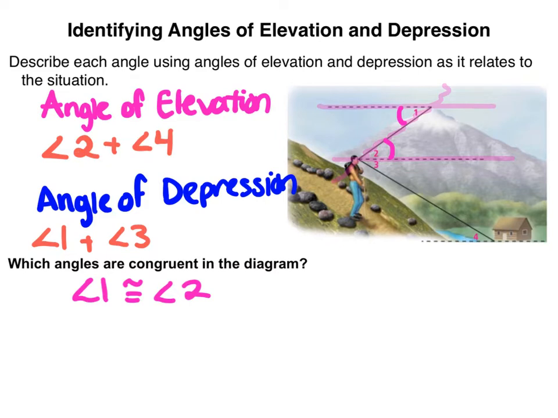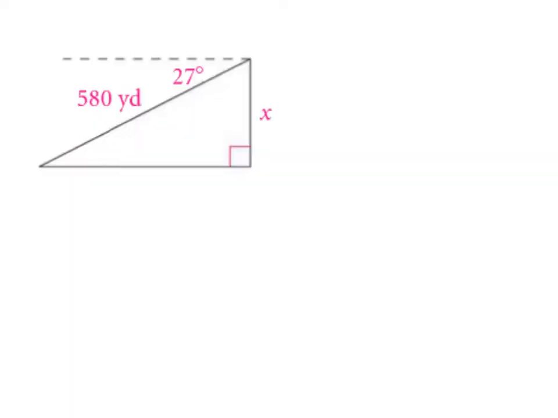Now for the bottom half of the diagram, I have my parallel horizontal lines and the line of sight transversal, which using our alternate interior angles makes angle 3 and angle 4 congruent to each other.